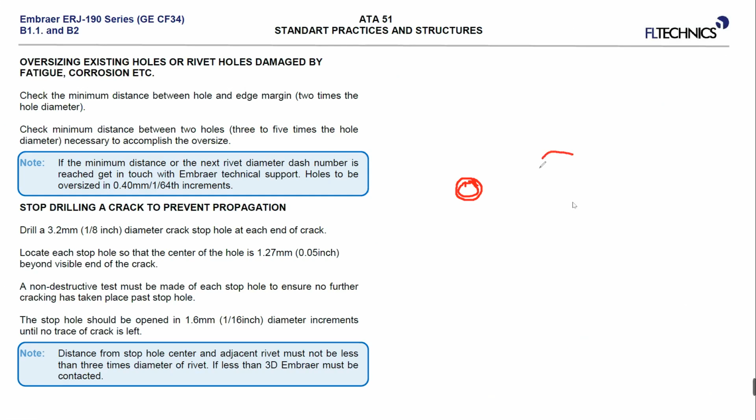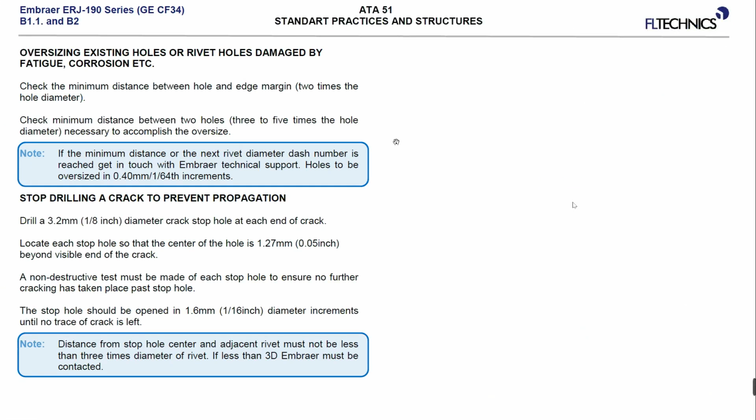Every time we drill a hole, it is possible to have a minor crack, which is absolutely not visible with normal eyes. Even if you're looking with magnifier glasses, it's not visible. You need non-destructive testing, NDT, okay? I'm not going into so much detail because these are specific for the guys who are specialized in structural repairs.